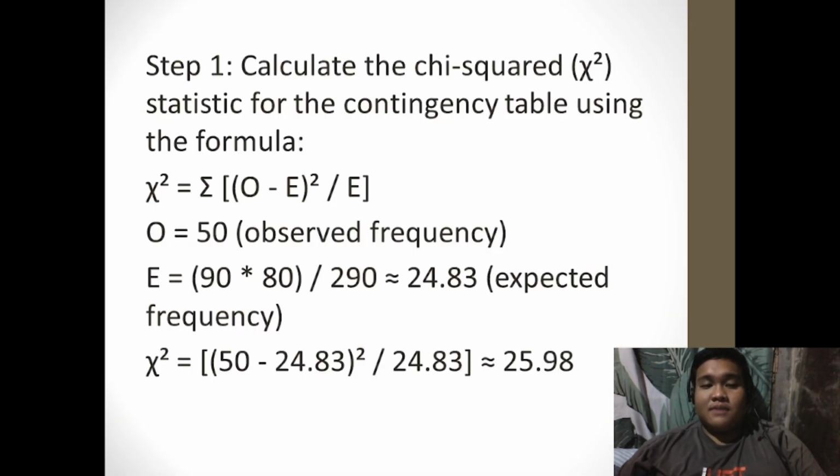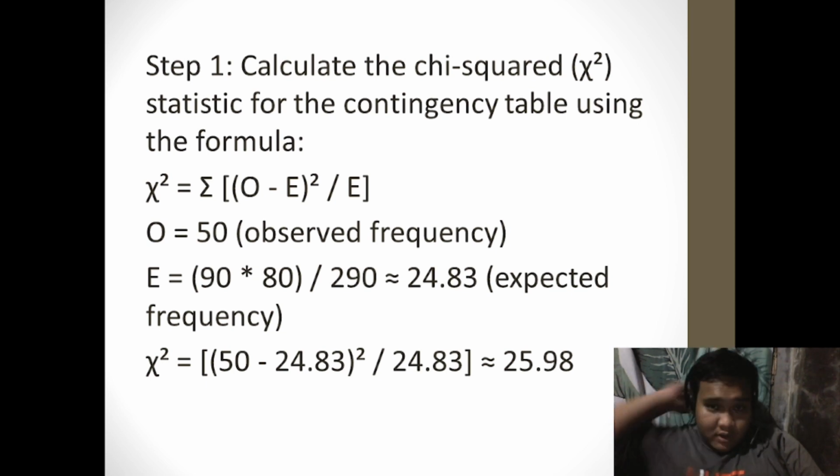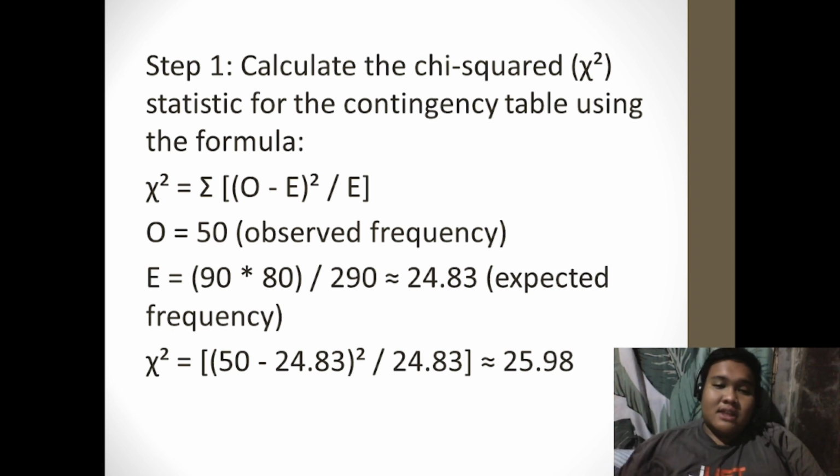Same as we did in example 1 and example 2, the first step is to calculate the chi-squared statistic for the contingency table using the formula. This is the formula, you can see it on the screen. O equals 50, our observed frequency.